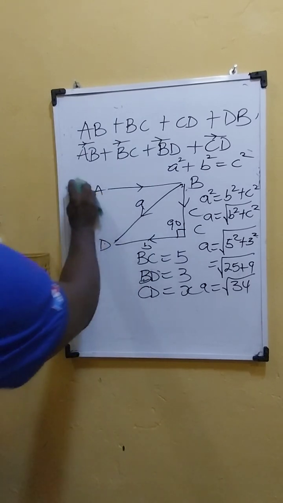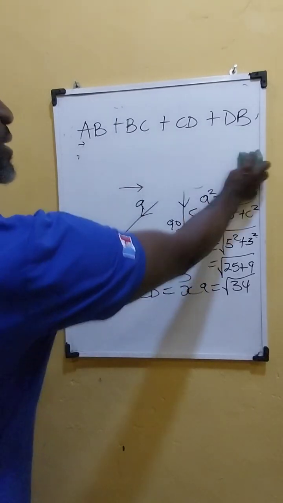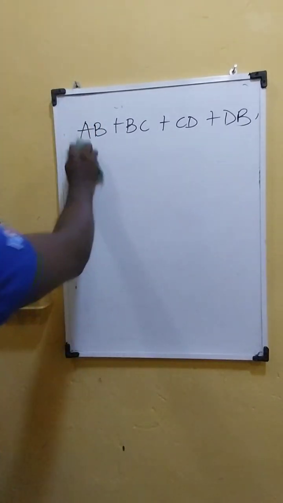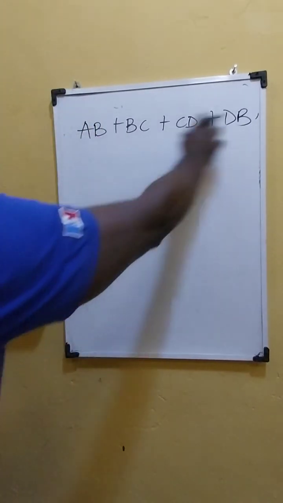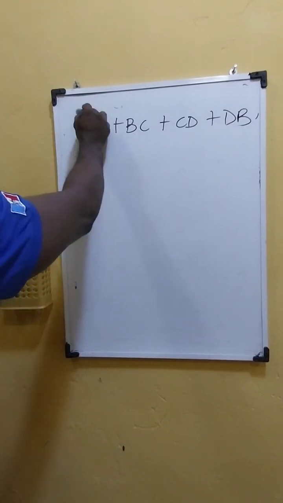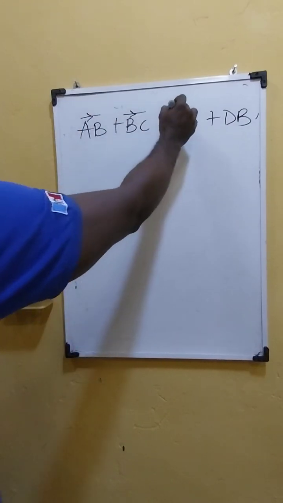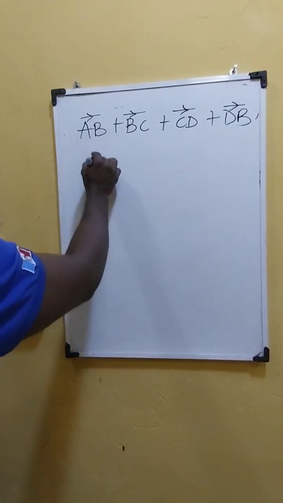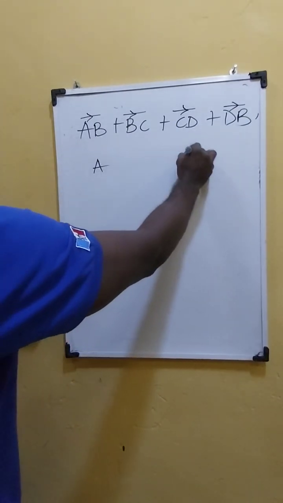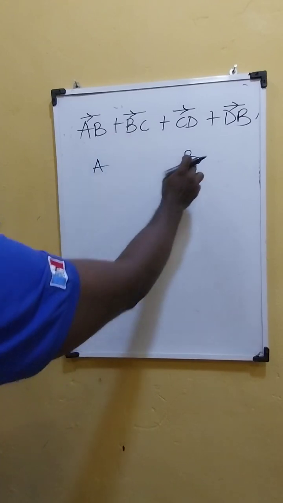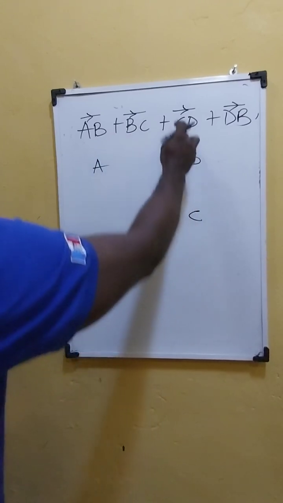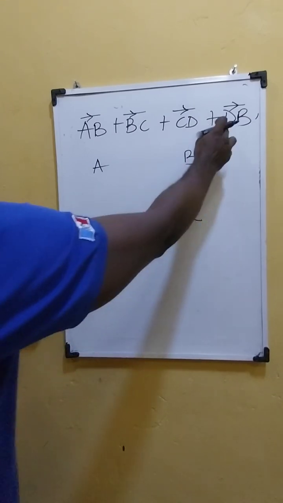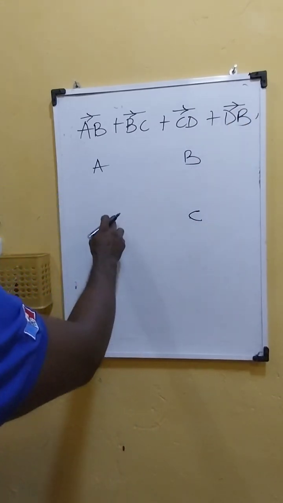So let us assume we did not rearrange the vector. Let's see if we will get it right. So this is it. AB, BC, CD, DB.